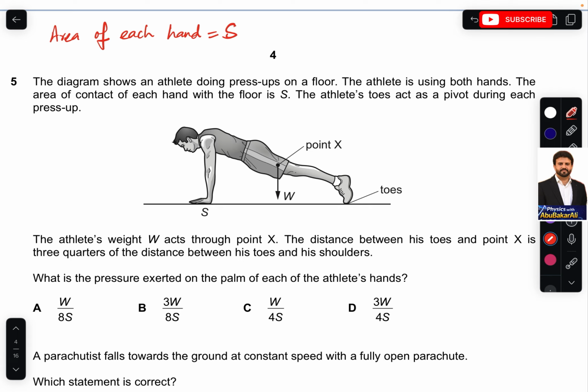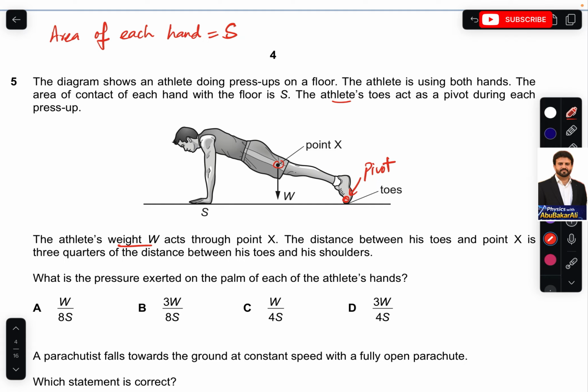Okay, let's move forward. The athlete's toes act as a pivot point. So this is the pivot point. The athlete's weight is W, and acts at the point shown on the diagram. The distance between his toes and the point X is 3/4 of the distance between the toes and the shoulder.